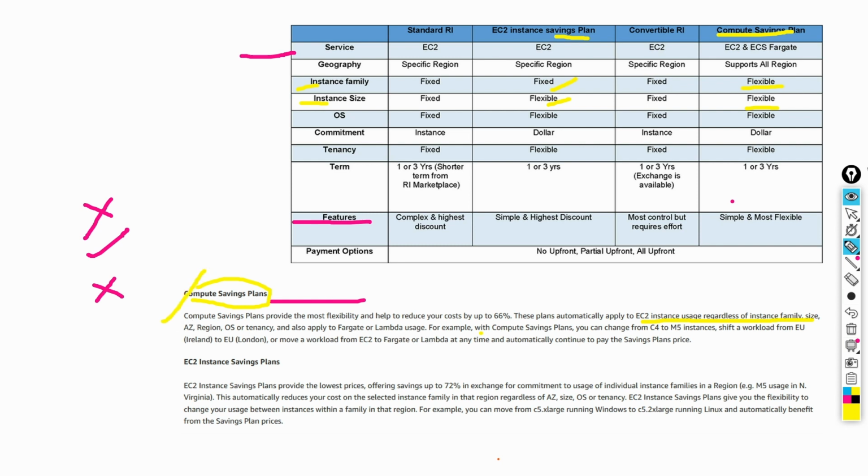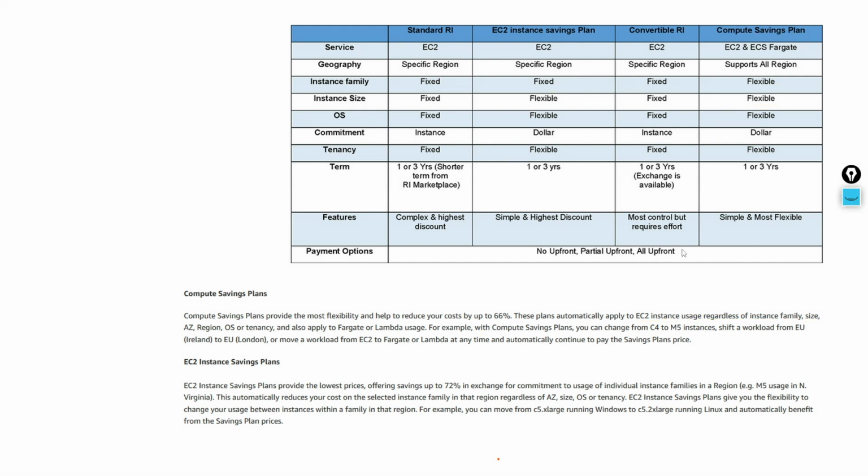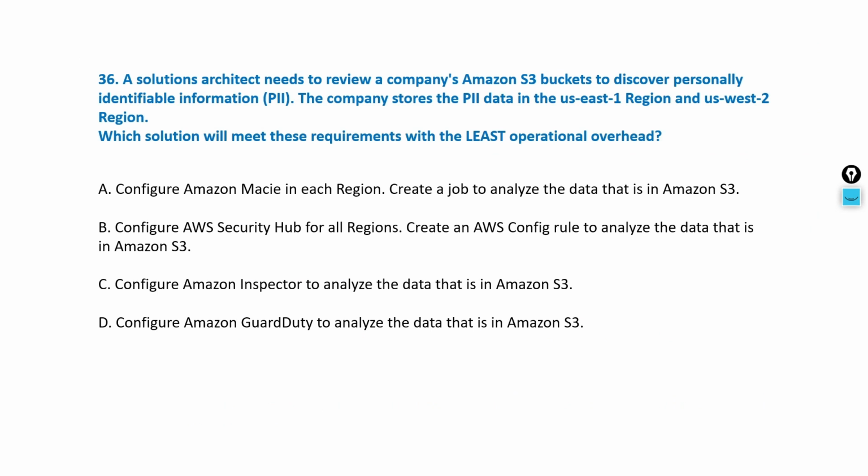That is the reason we have chosen it. So here, option number B is correct. If you still have doubt, you can read all this information and take this concept. Let's go to next.